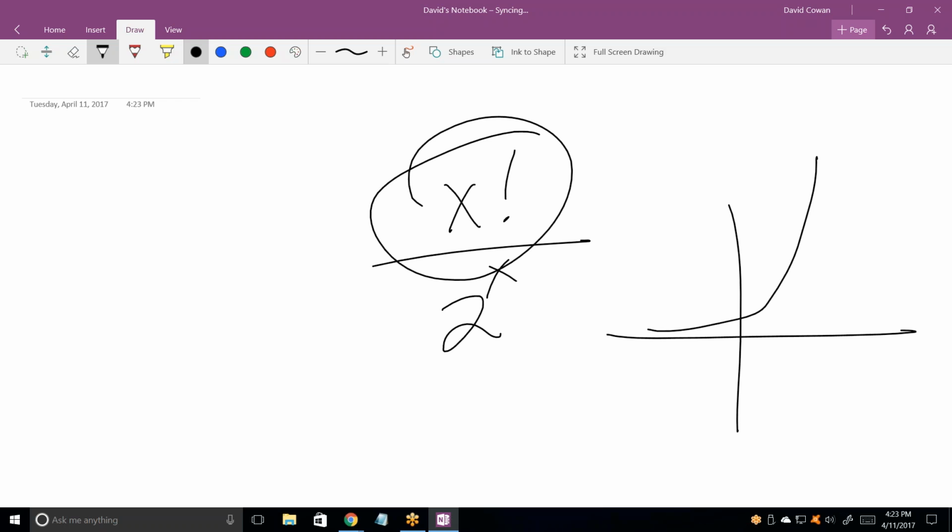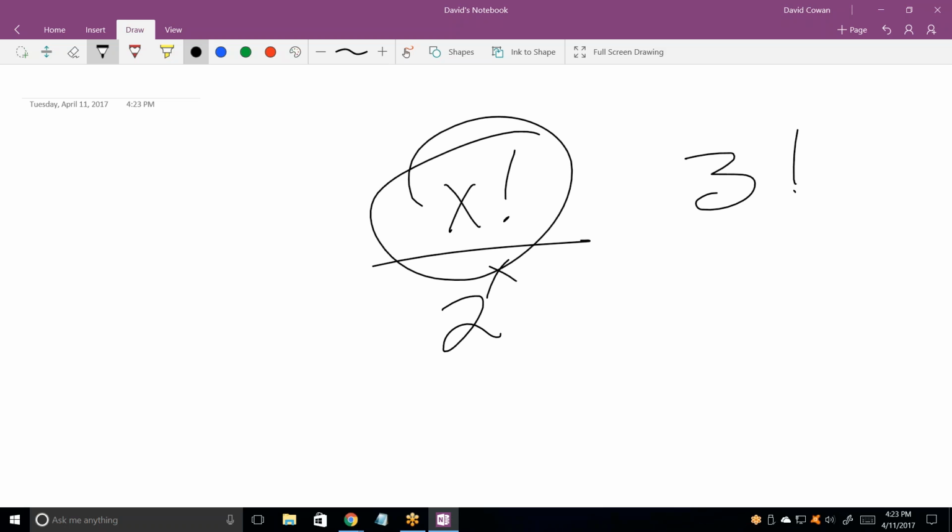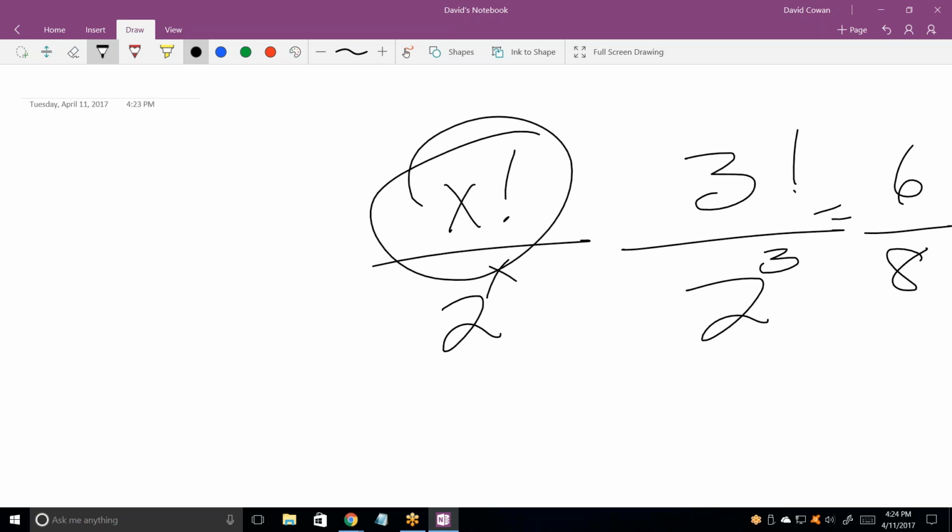But factorial is faster, but not on low numbers. In other words, if I were to look at 3 factorial and compare it to 2 to the third, 3 factorial is 6, 2 to the third is 8. So with low numbers, exponential actually grows a little faster.